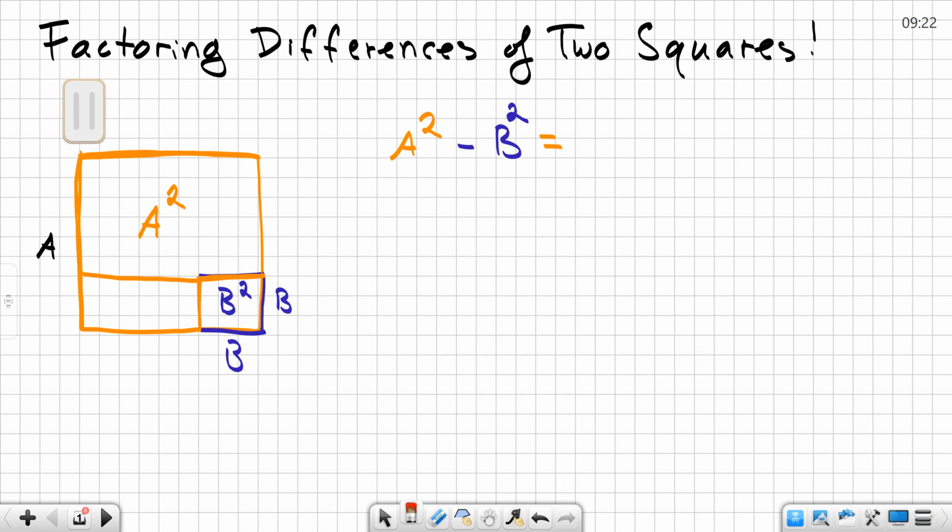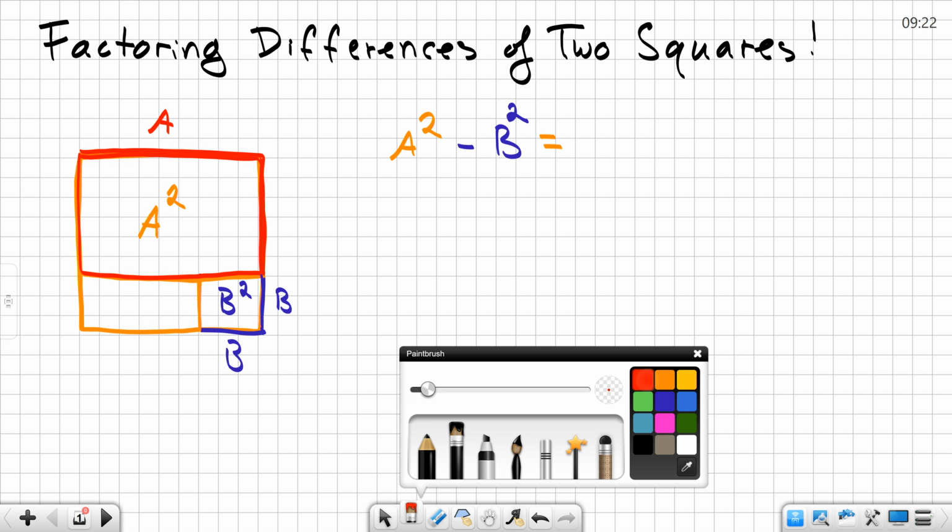Let me first erase this. So for this area right here, how much is that? Well, it is this side length, which is still A, multiplied by this side length here on the side. And how much is this? It is the long side of the square minus the length of B, minus this one.